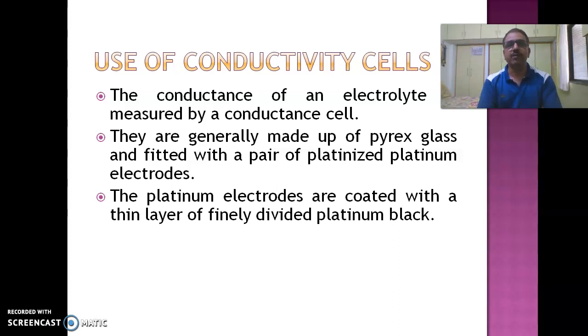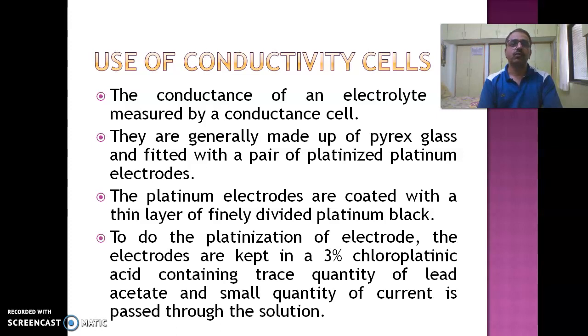The platinum electrodes are coated with a finely divided thin layer of platinum black. How to do this? To do the platinization of the platinum, the electrodes are kept in a 3% chloroplatinic acid solution containing a very trace quantity of lead acetate. The role of lead acetate in this case is to act as a stabilizer for the electrolytic bath, and a very small quantity of current is passed through the solution.